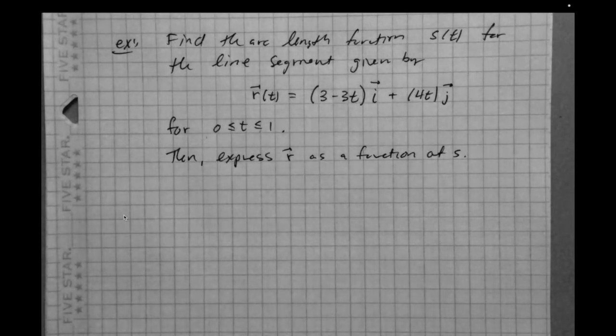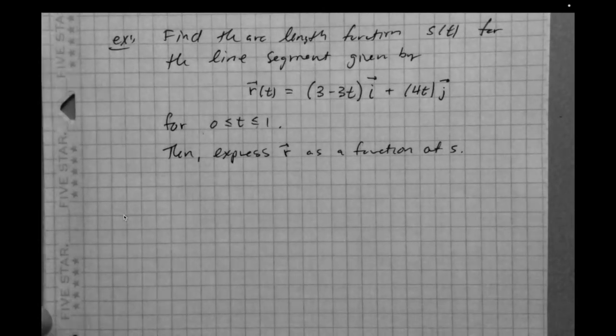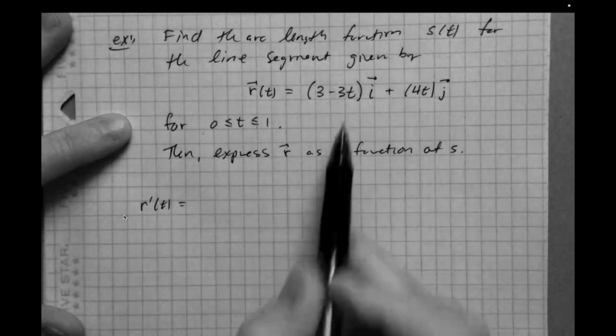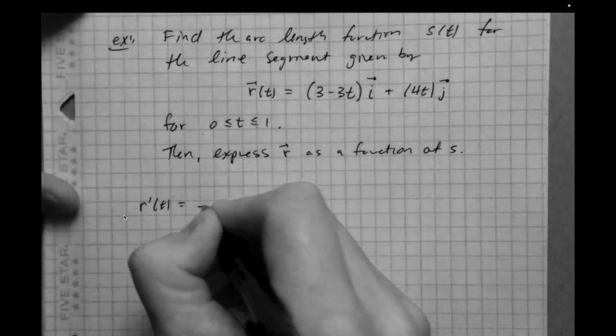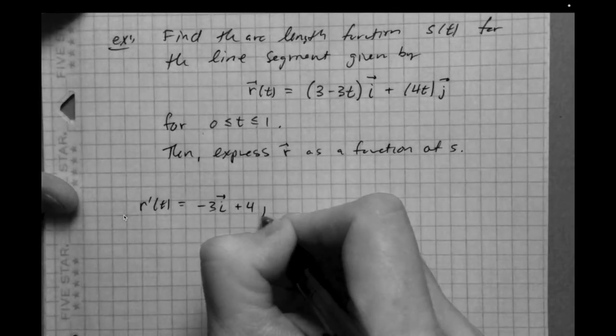So let's convert r to a function of s. Naturally, to find the arc length function, we have to run the integral on the norm of the derivative of r. So we have to find the derivative of r first. So r prime of t is just the derivative of these two, and so it should just be negative 3 times i plus 4 times j.